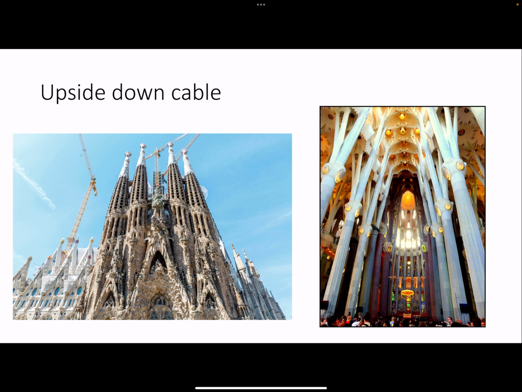But this was designed by Gaudi, and his whole idea was to create these tall arches that are effectively upside down cables. So it's pretty interesting. Interesting case study.